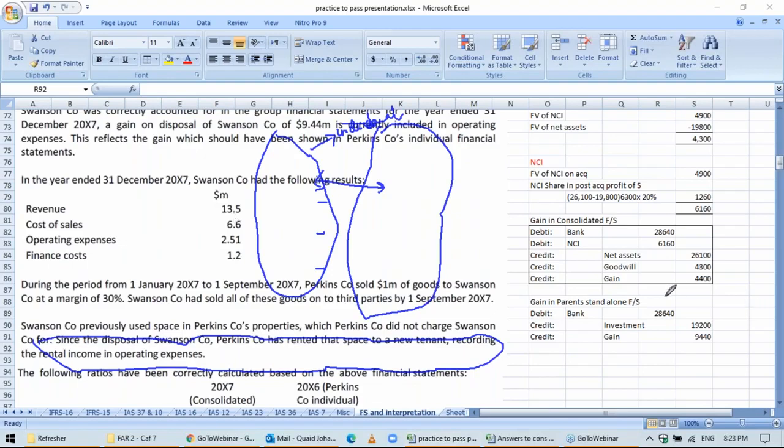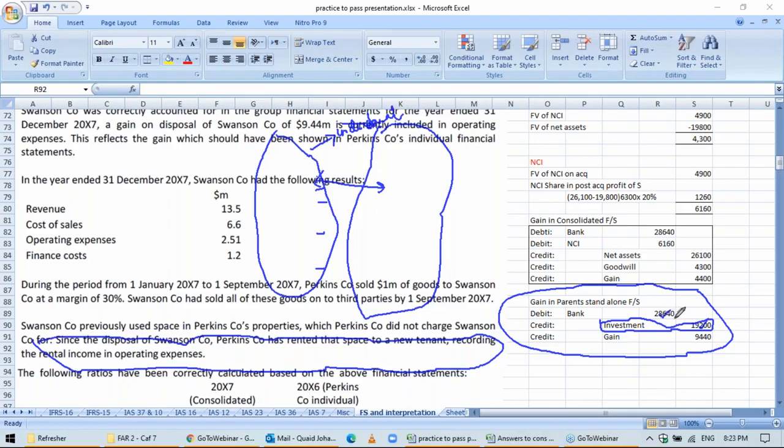When the parent purchased the investment in subsidiary, what entry would he have made? He would have debited the investment in its standalone financial statements and credited bank at that time, right? Now, after some time when he sells it, what will he do? He will credit the investment. Then he gets some money, 28,640.